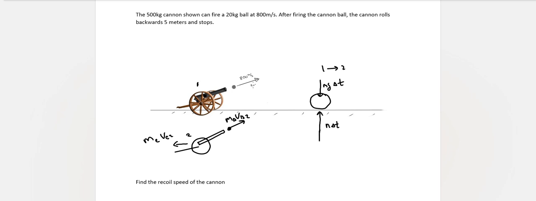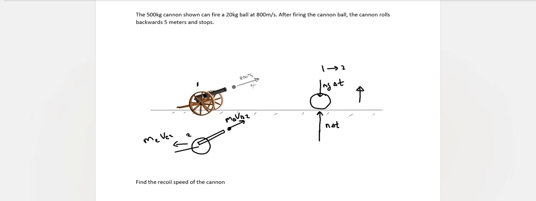There's no reason to assume any large impulse horizontally, but hopefully your gut will tell you that while the cannonball is being fired, this normal force would increase. So in this example, we would expect a net impulse in this direction.